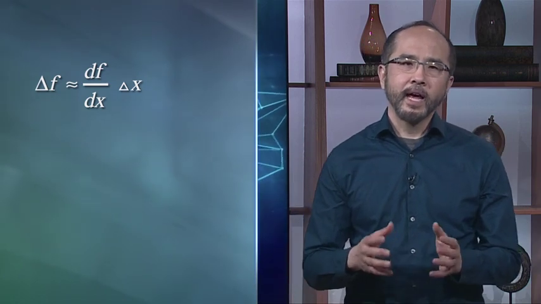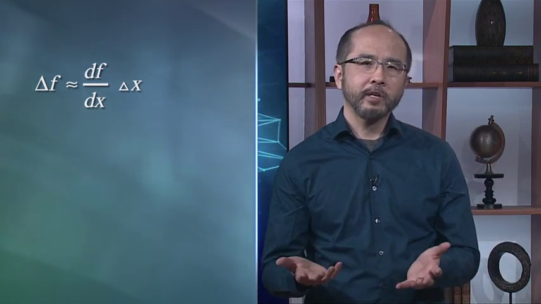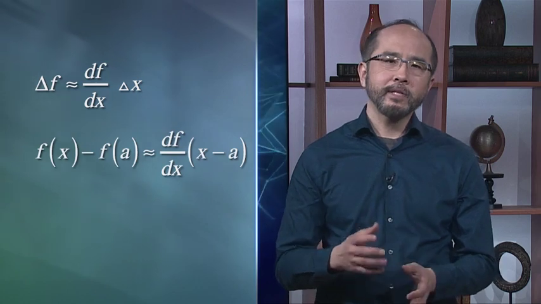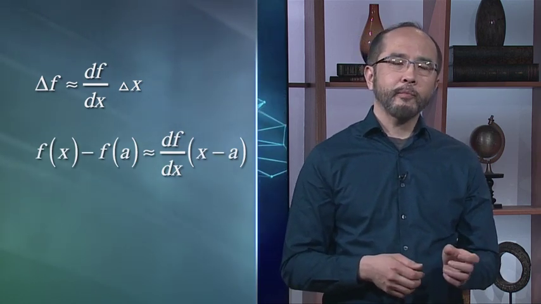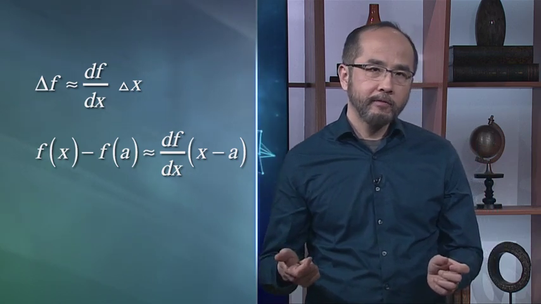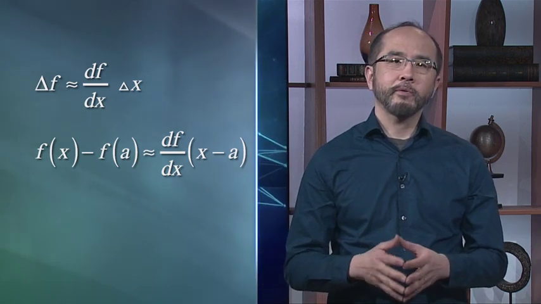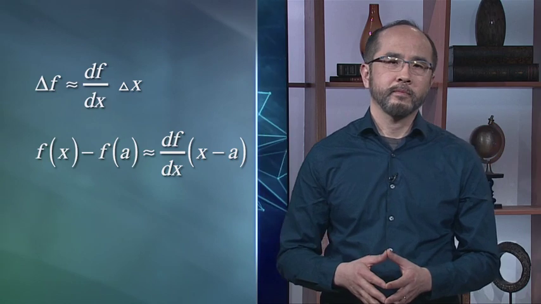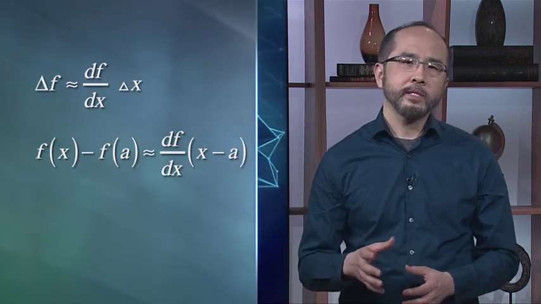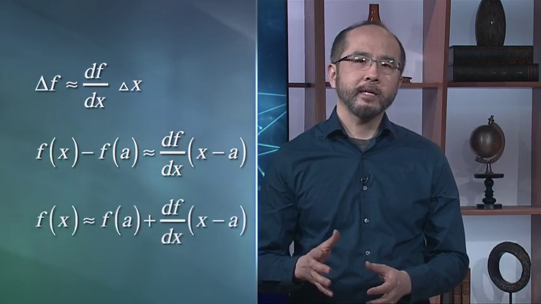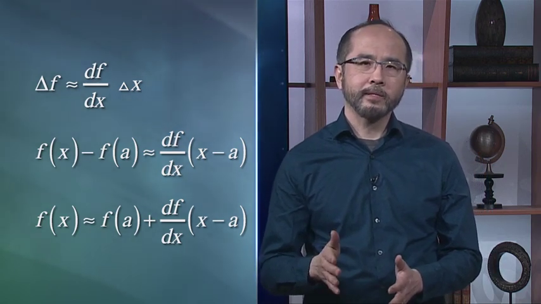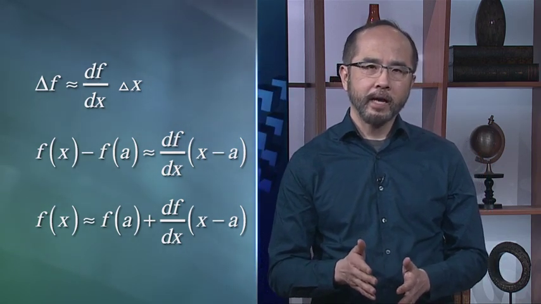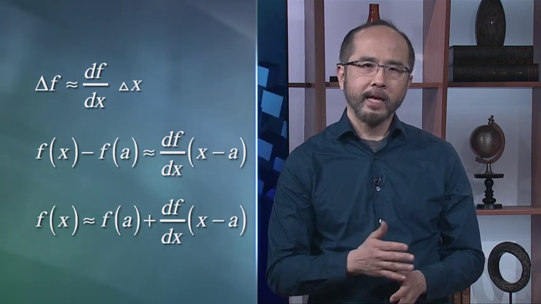If x is a point I want information about, I can replace delta x by x minus a, and delta f by f(x) minus f(a), and then we will get this. From this, we see that f(x) is approximately f(a) plus df/dx times (x minus a).